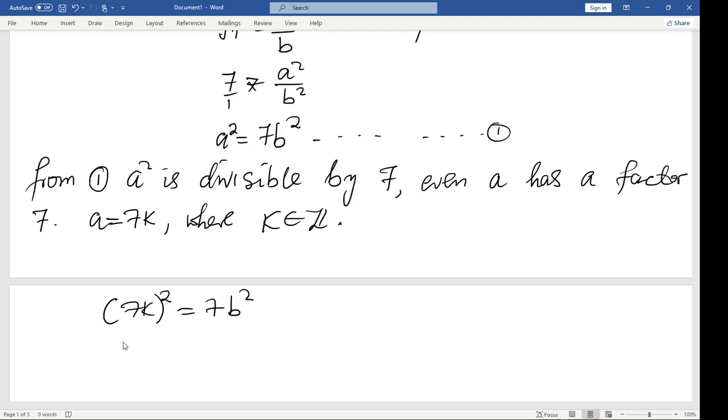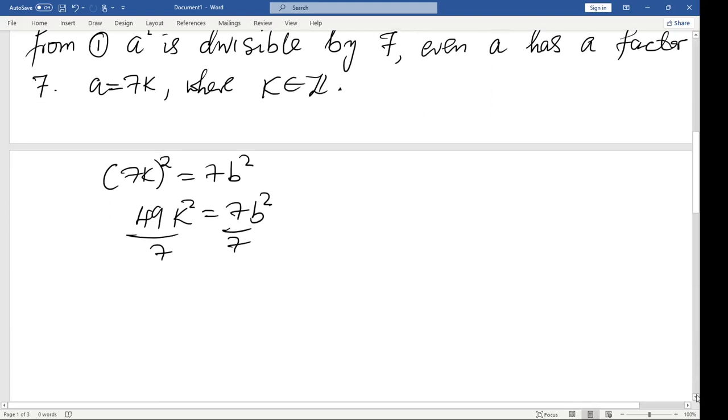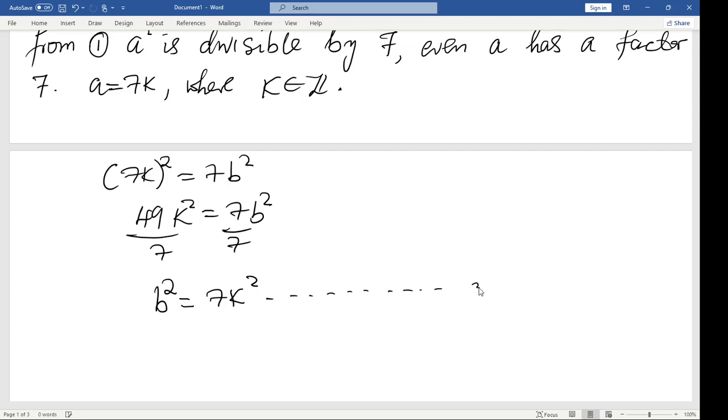So now, if we get rid of the brackets, we're going to have 49k squared equal to 7b squared. So then we divide by 7 both sides. You're going to notice that b squared will be equal to 7k squared. So we can name this one to be equation number 2.